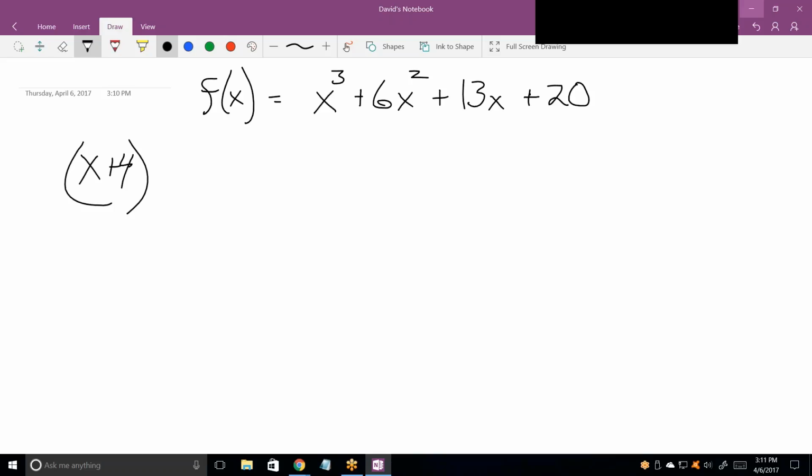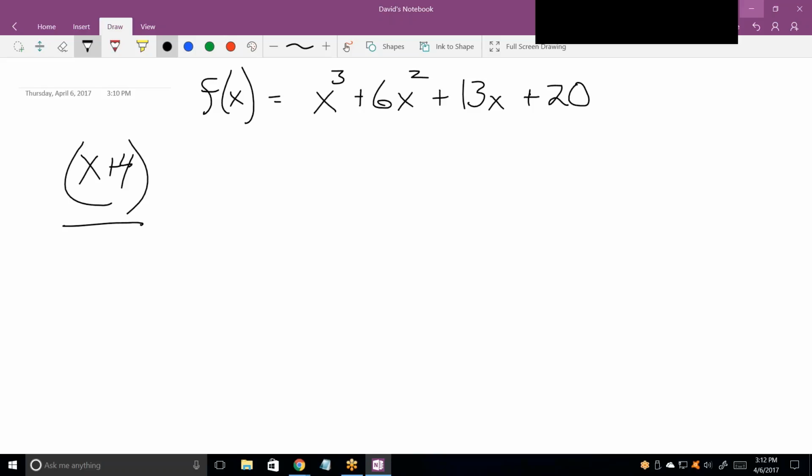whether it factors or not. Now, when they give us one factor, the other factor is obviously going to be a quadratic, right? In other words, if we take a linear term times a quadratic, we get a cubic. So once we can figure out what the quadratic is that's remaining, then we can apply the quadratic formula if we need to, and we'll have all three factors.